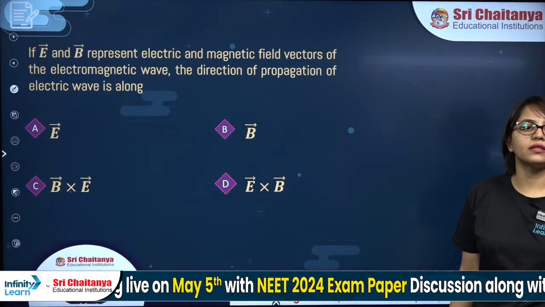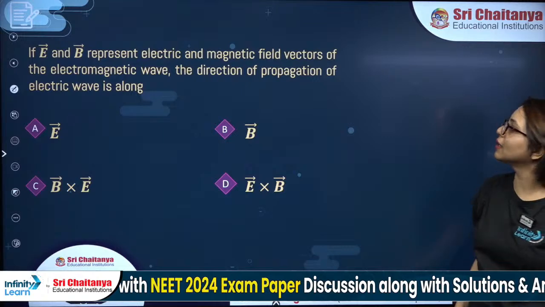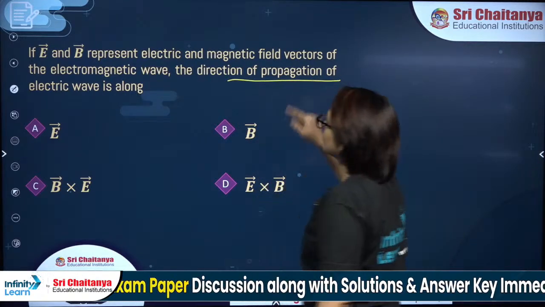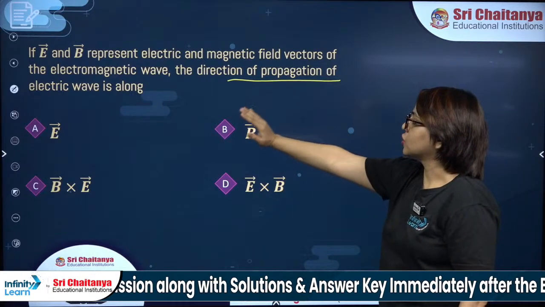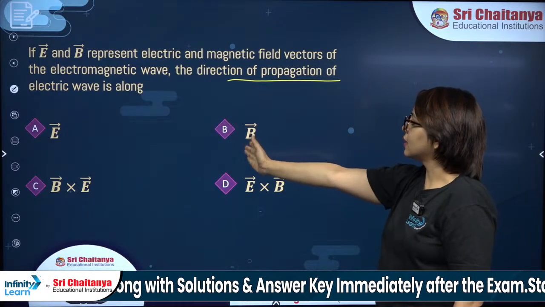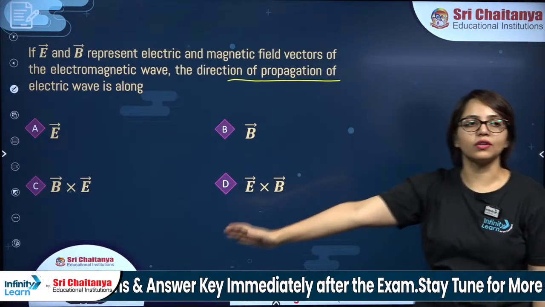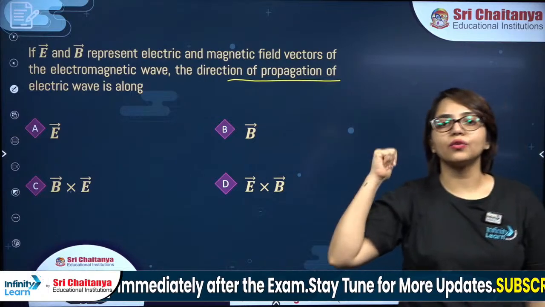If E vector and B vector represent electric and magnetic field vectors of the electromagnetic wave, the direction of propagation of the wave is along. So velocity will be in which direction? In the direction of E vector, in the direction of B vector, in the direction of B cross E, or in the direction of E cross B. Again, this is a conceptual question from electromagnetic waves.